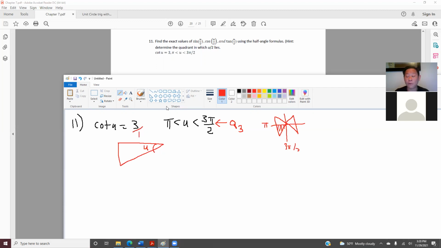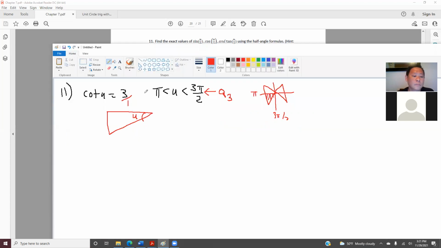Cotangent is what over what? If you use your SOHCAHTOA, it will be adjacent over opposite, right?